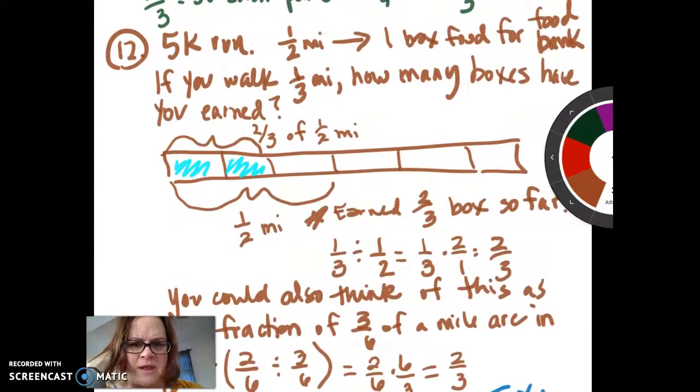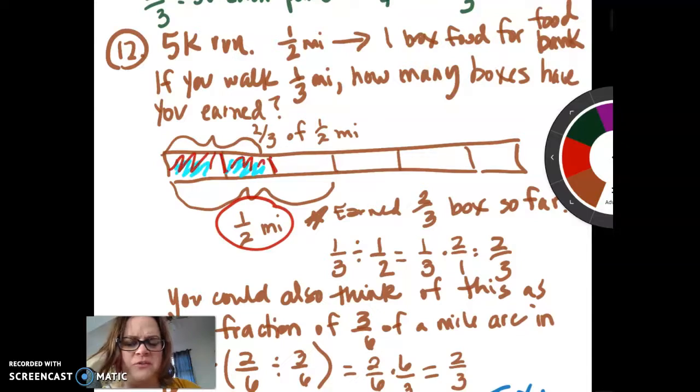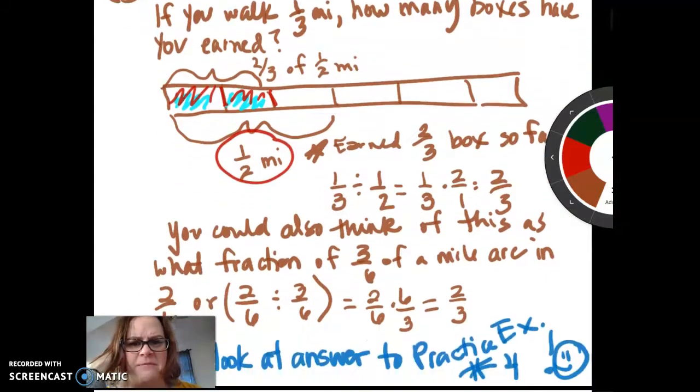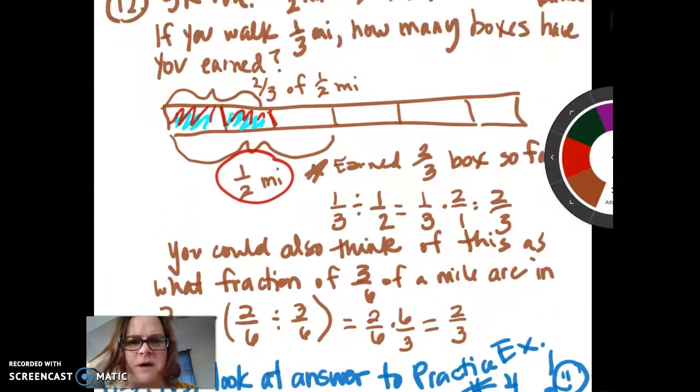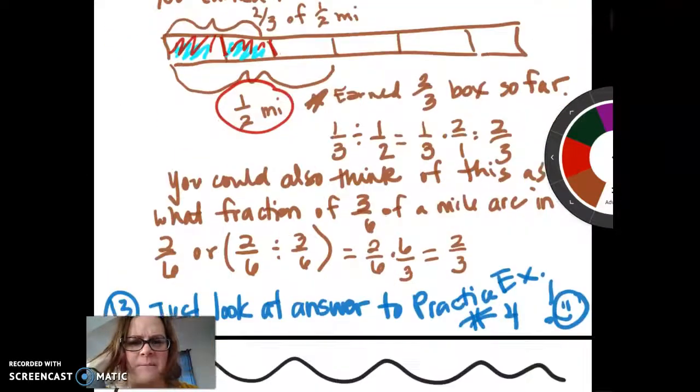So in my strip diagram, I show the 1/2 of a mile, and then I take my 1/2 of a mile and I partition it into thirds so that I can show 2/3 of that half. So I can see that in this case, my 2/3 of my half shows me that I've earned 2/3 of a box so far, because for every half mile you earn a box.